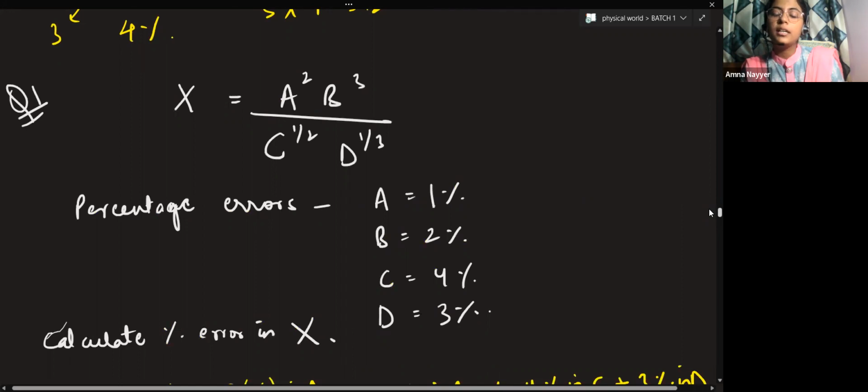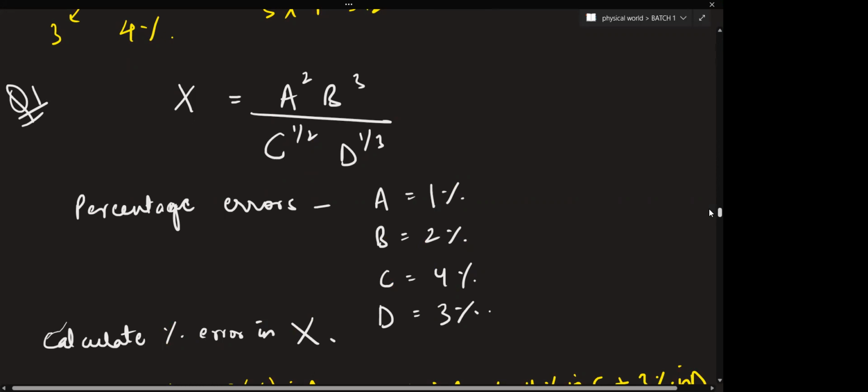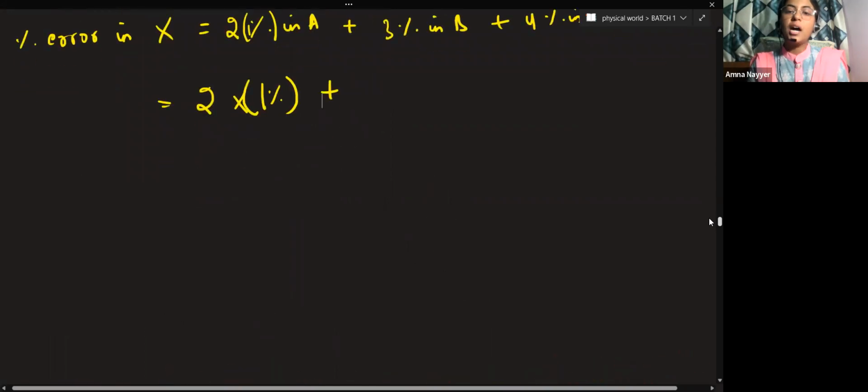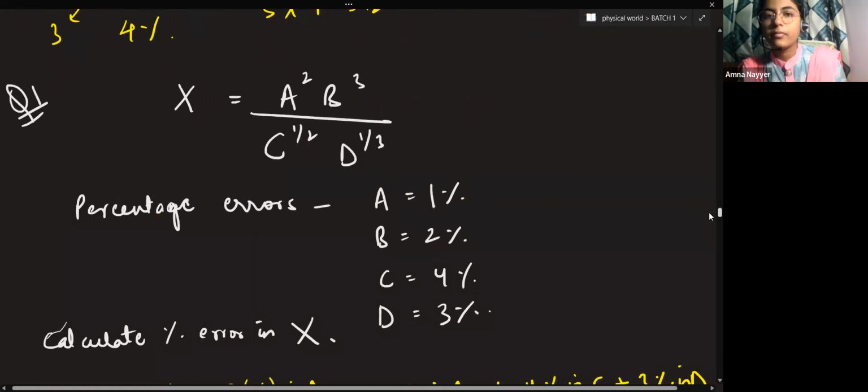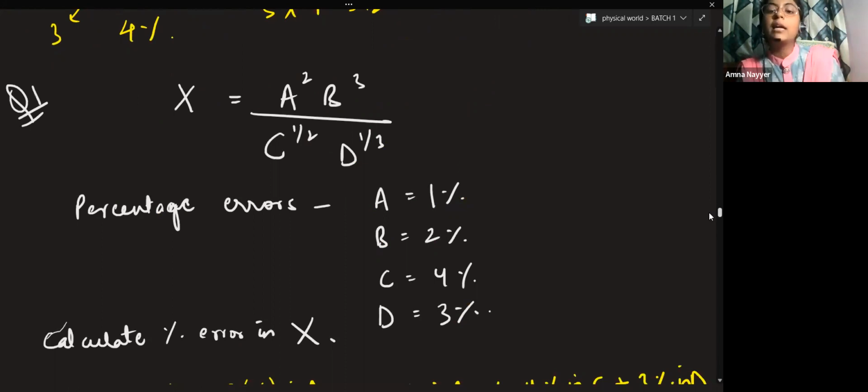Look in the question, it has already given you the percentage errors. 2%. So it will be power 3 multiplied by the percent that is given. Now you tell it for C. Power multiplied by percentage error.